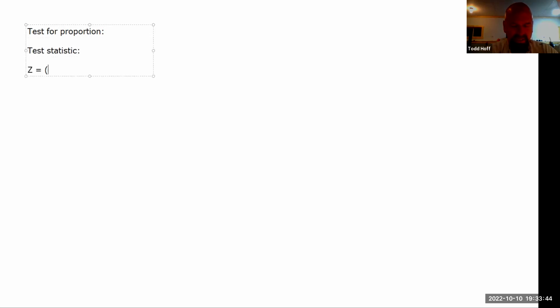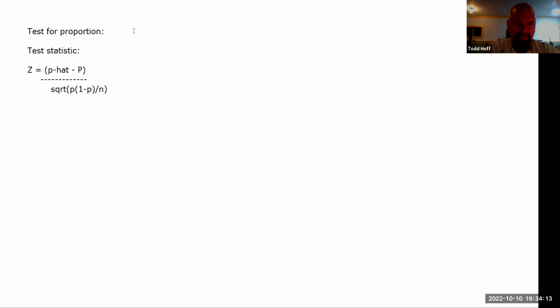And it's going to be, again, p hat minus p, which is the population value, or in this case, the hypothesized value in the null hypothesis, over the square root of p times 1 minus p over n. Now, since we don't actually have the value of p, we use the sample value, the p hat in there for p, unless we have another estimate, but usually we do not.